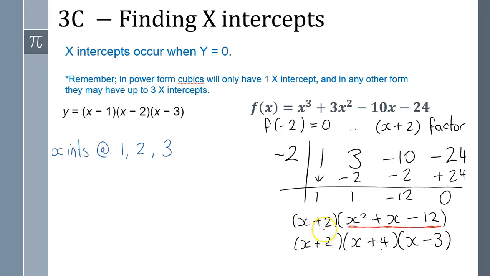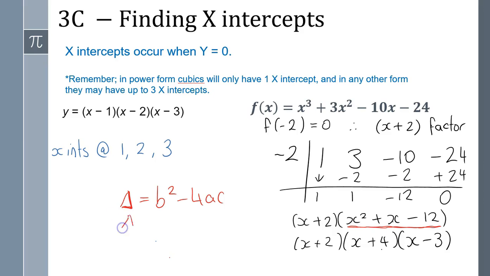Because we've already got one factor, we know there's one x-intercept, but from this quadratic function, we're going to try and figure out if we've got no x-intercepts, 1 or 2. We do that the same as we would in our previous unit by using the discriminant. Okay, b squared minus 4ac, and that will tell us how many solutions this quadratic will give us.